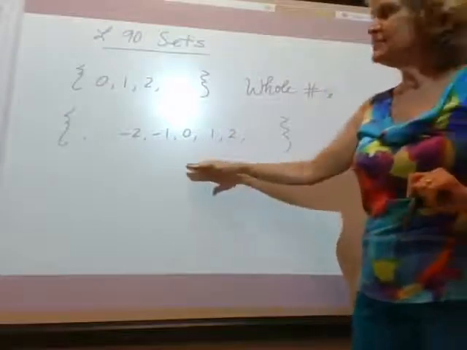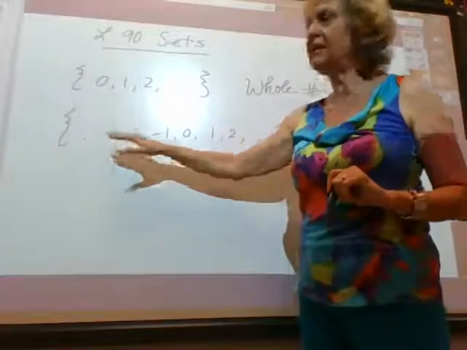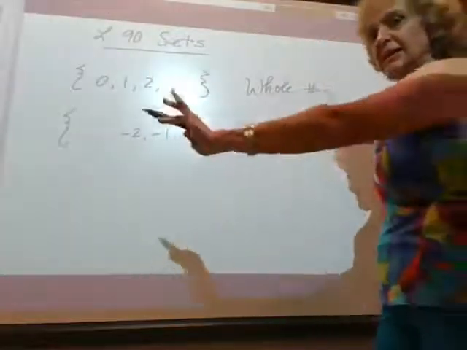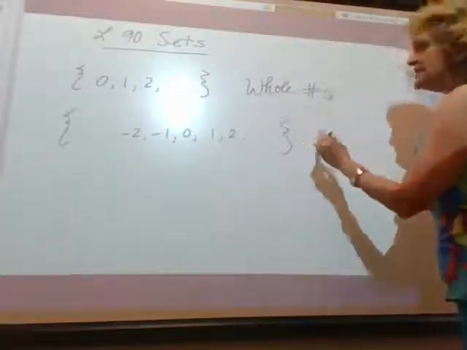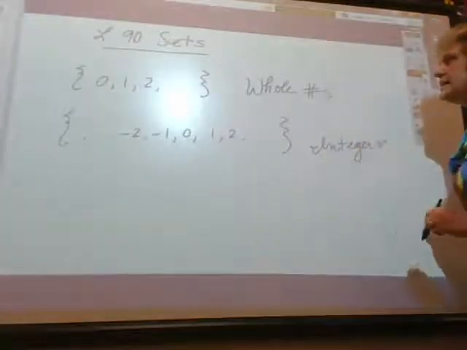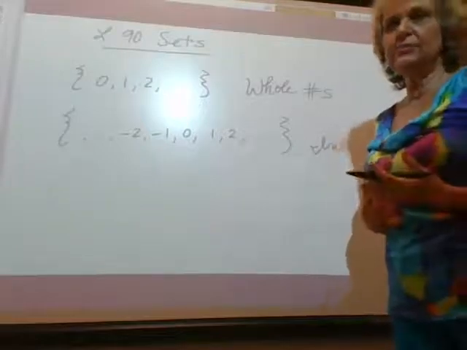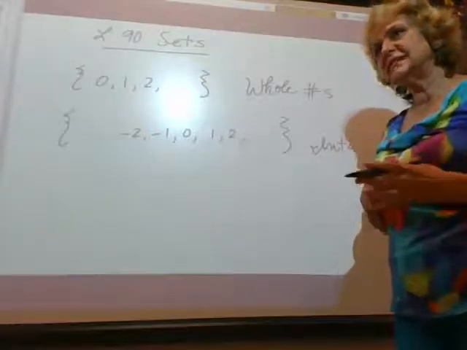Now, here's another set. You know what this one is. We want to show the ellipsis at the beginning and at the end because it goes on and on forever in both directions. This is the set of integers, right? We can't do the set of rationals because that's way too broad.